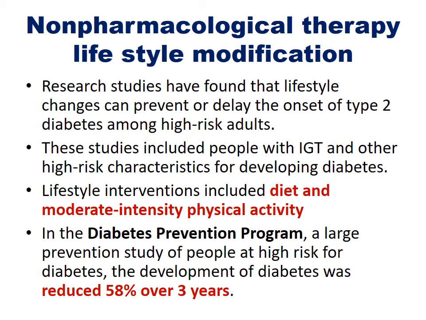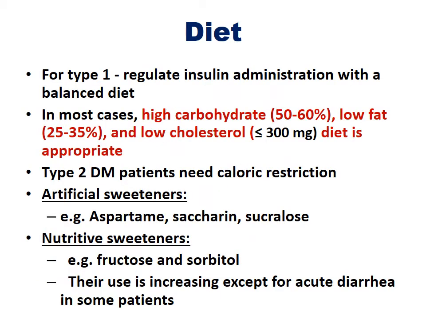Lifestyle interventions include diet and moderate intensity physical activity. In the diabetes prevention program, applying lifestyle modification was found to delay the development of diabetes in about 58% of the patients over 3 years.